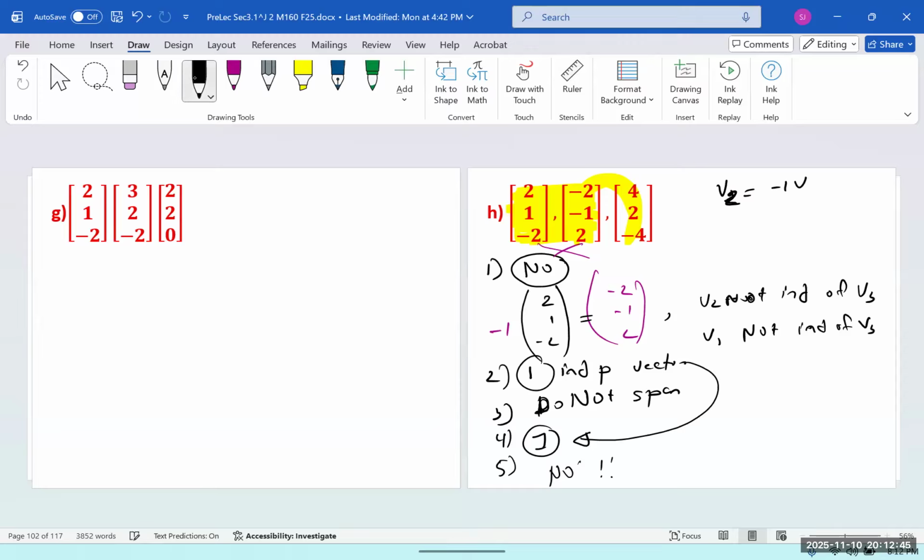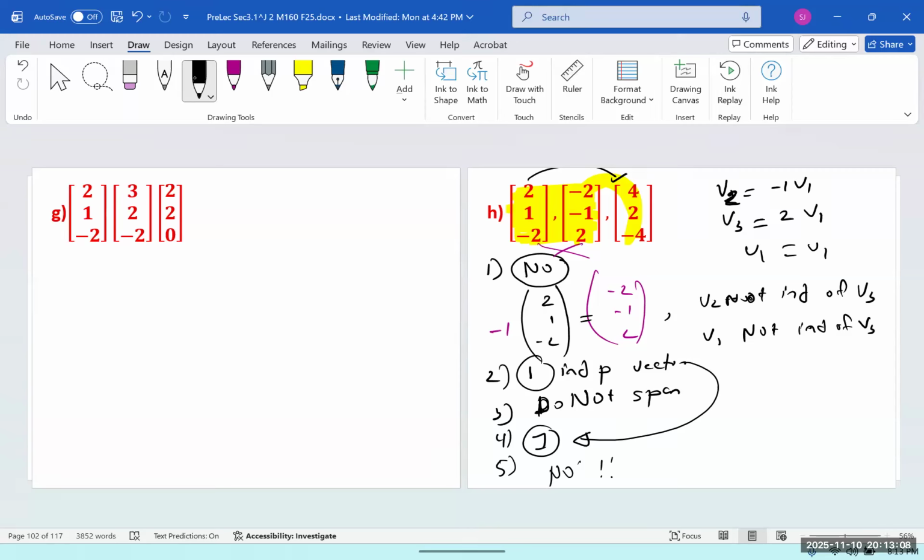V2 is -1 V1. And V3 is twice V1, right? So V2 and V3 are dependent on V1. So which one is independent? V1 is the independent one. The other two depend on V1, so you only have one independent vector.